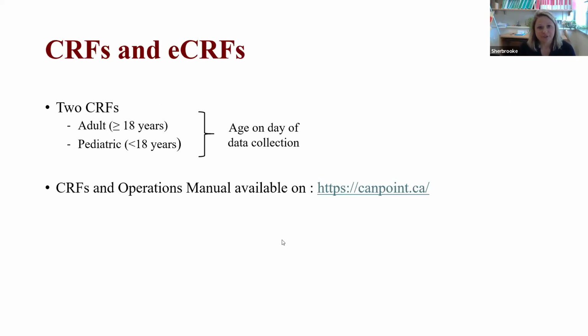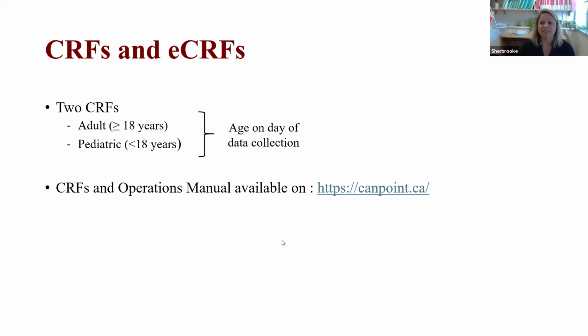So there are two versions of the CRF, one for adults and one for pediatric patients. You must select the right version depending on the age of the patient on the day of data collection. So on December 9, if the patient is 18 and older, you select the adult CRF.